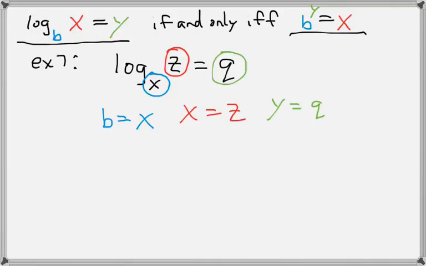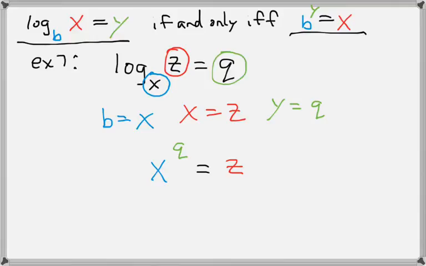So we take our b, which is x, and we raise it to our y, which is q, and all of that equals our x, which in this case is z. So we have converted this logarithmic equation into its exponential form.